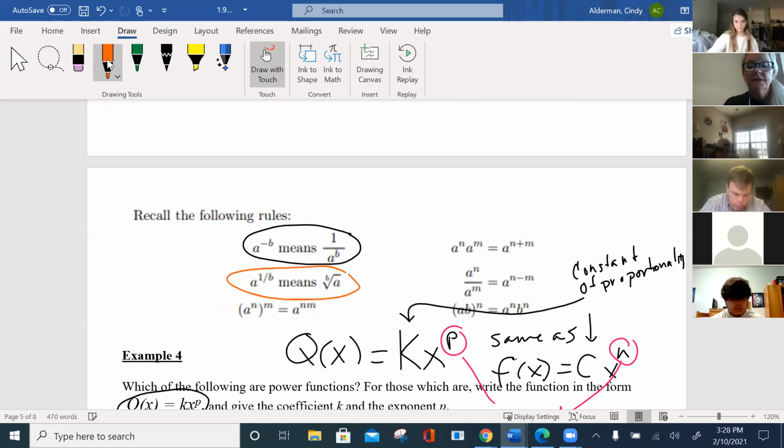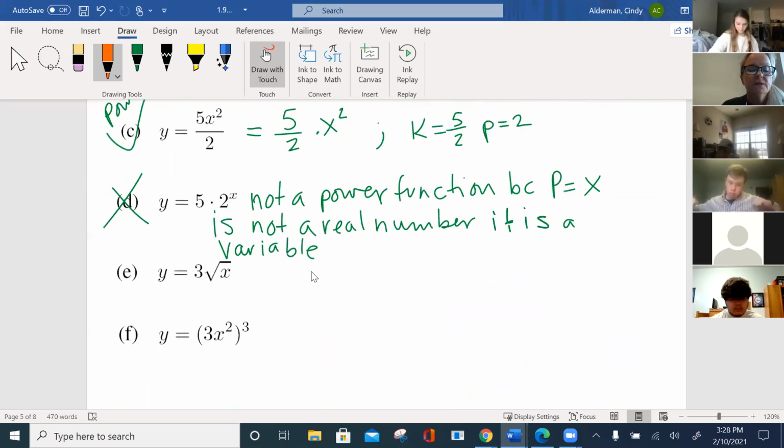Here. So you can rewrite a radical by using this rule right here. So you can rewrite this as 3 times x to the 1/2 power. So your k value is going to be the 3, and the p value is going to be the 1/2.